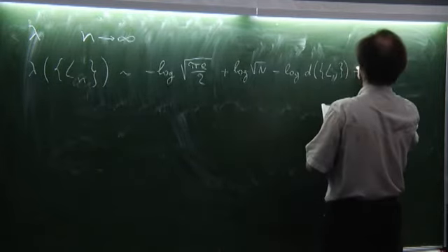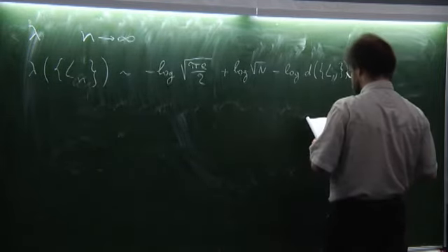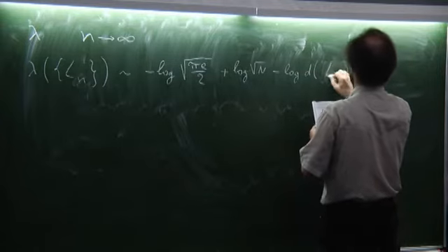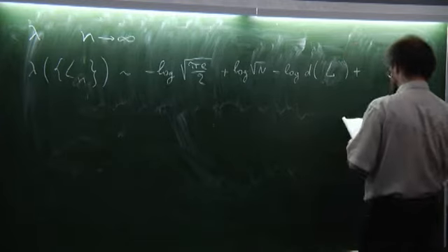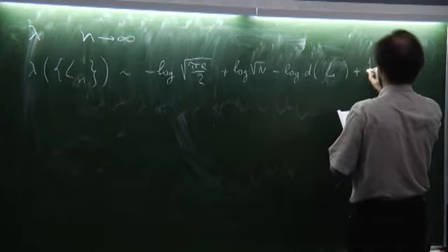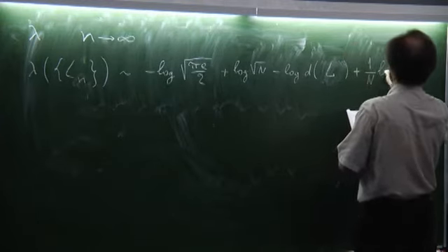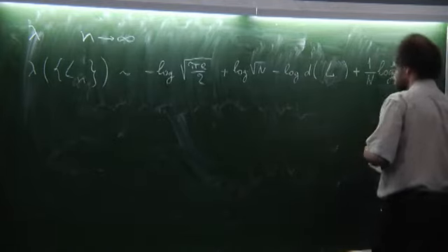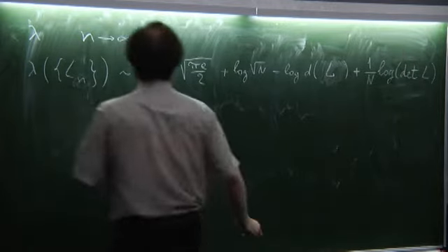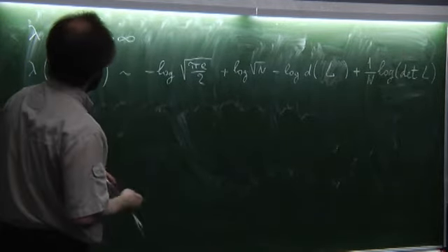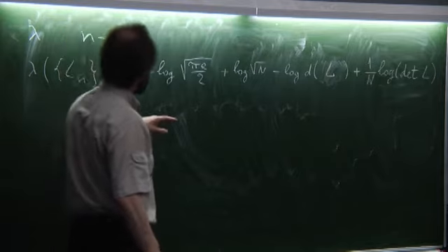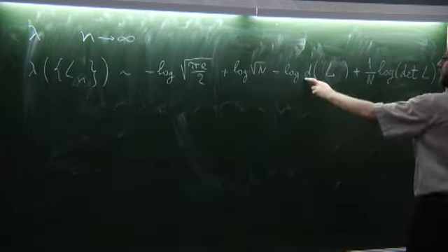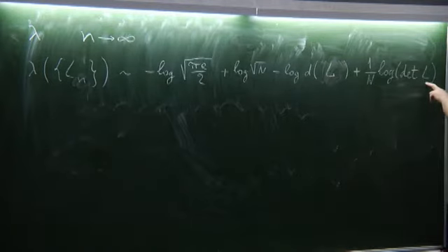And plus, maybe I'll write just d of L, and then I'll explain what the inaccuracies are down here. And plus 1 over n log of the determinant of this lattice. What I mean is that you take just one lattice in a family, you take its distance, and you take the determinant.